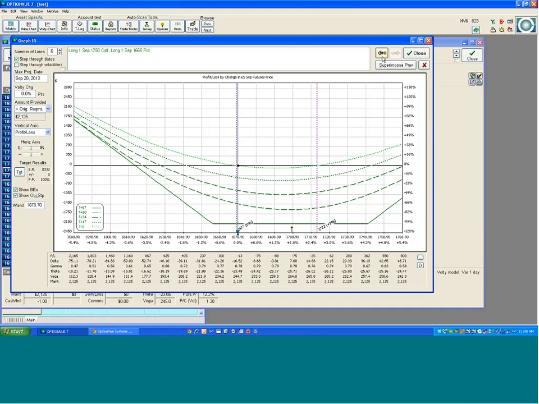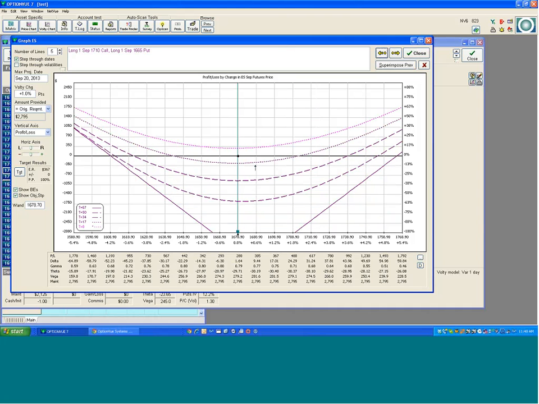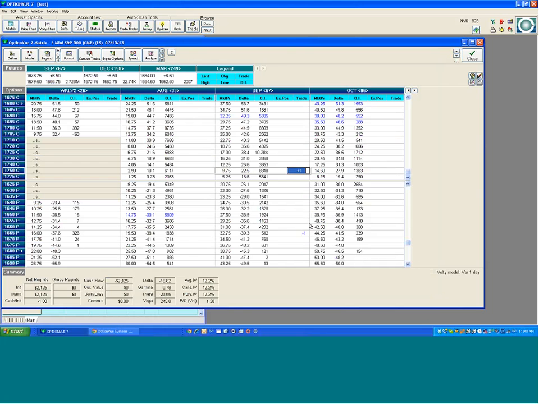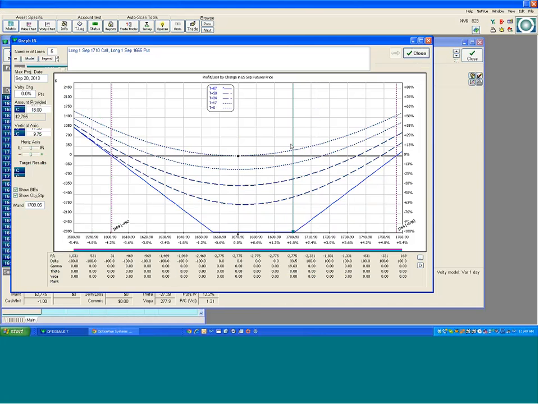And if you instead wanted to adjust not only your deltas, but also reduce your Vega exposure in a case like this, then what you would do is the following. Let's go back to the position that we had, which was the 1710 call and the 1665 put.